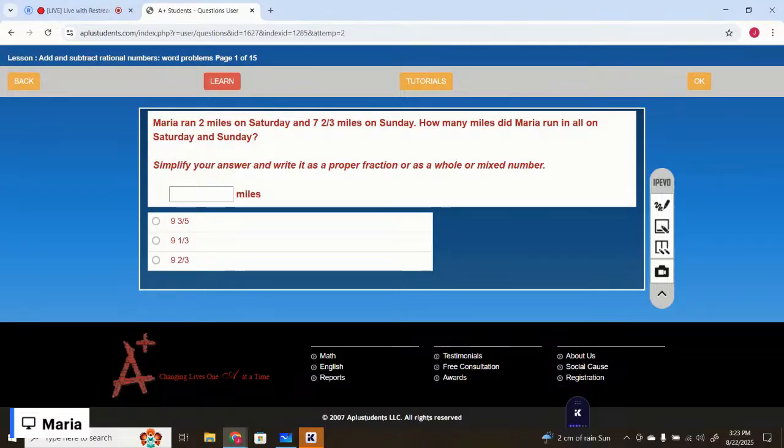Maria ran 2 miles on Saturday, 7 whole 2 by 3 miles on Sunday. How many miles did Maria run in all on Saturday and Sunday?